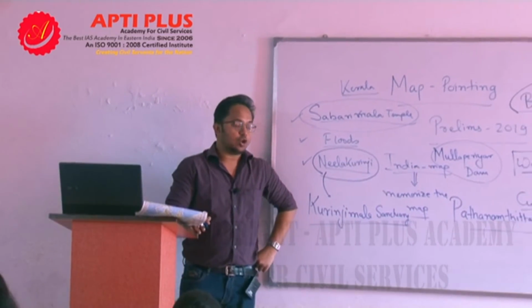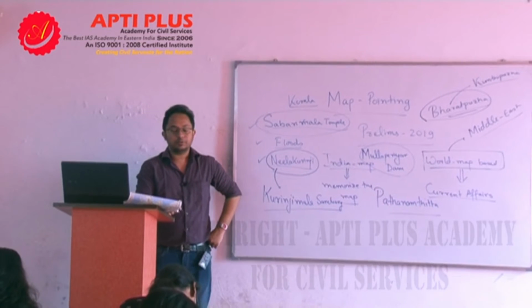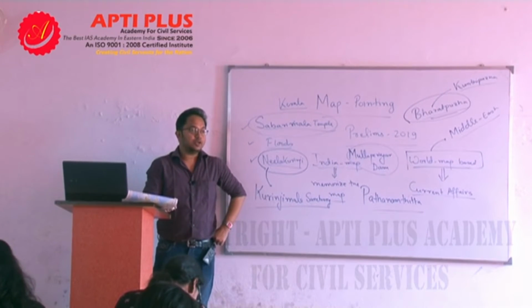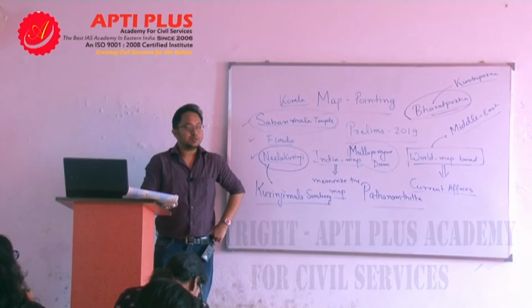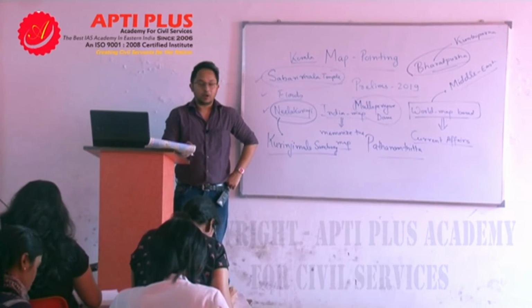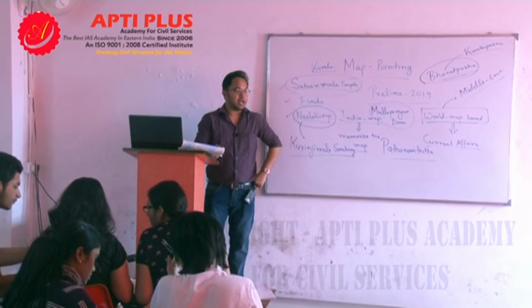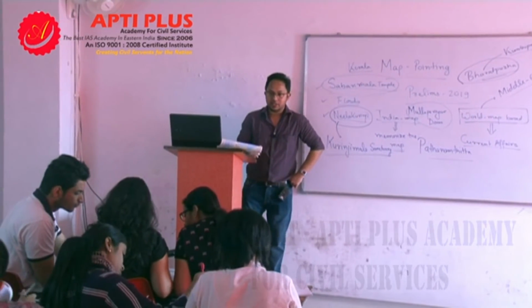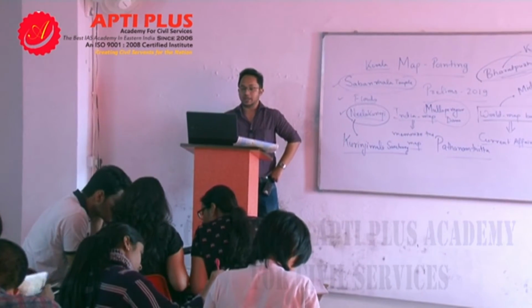If you look at the geographical location of Turkey, you will find it's very unique because it forms a bridge between two continents, right? So it forms a bridge between Europe and Asia. It's a peninsula which lies between Europe and Asia.